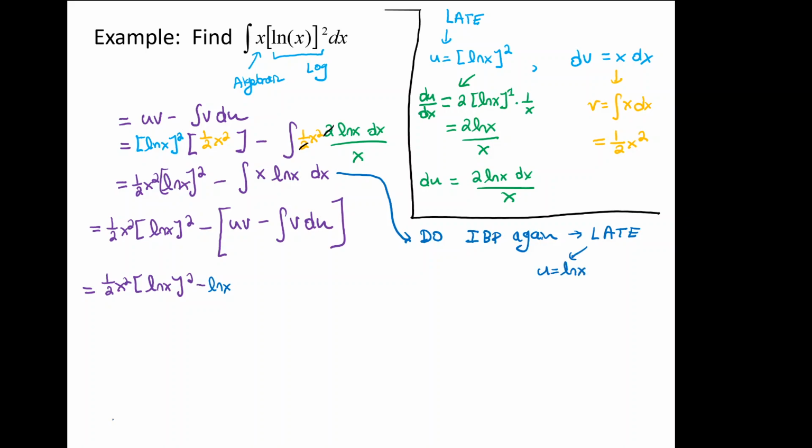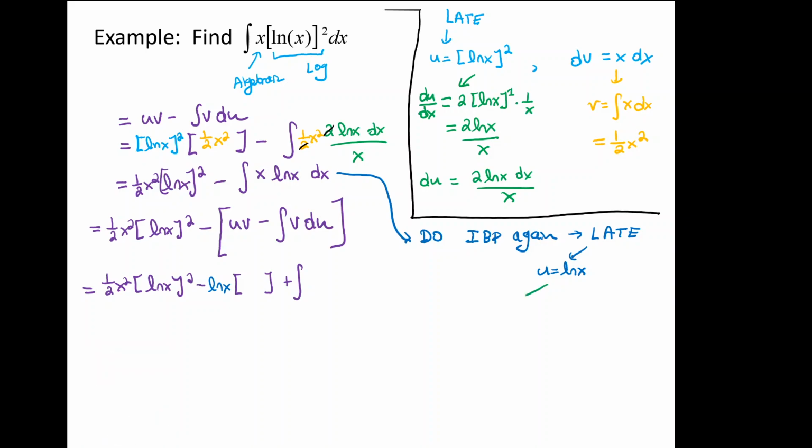So u is equal to ln of x. And then I have to leave a space for v. Minus times minus, so plus. That minus distributes through. Integral of v du. You have to leave a space for those two terms.